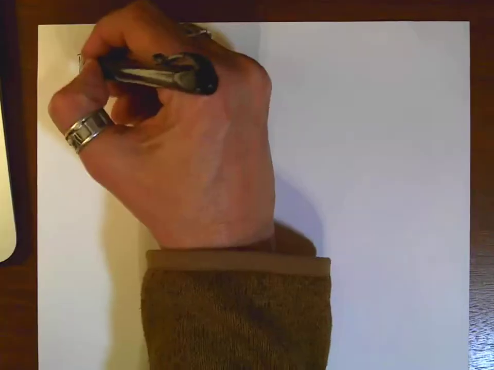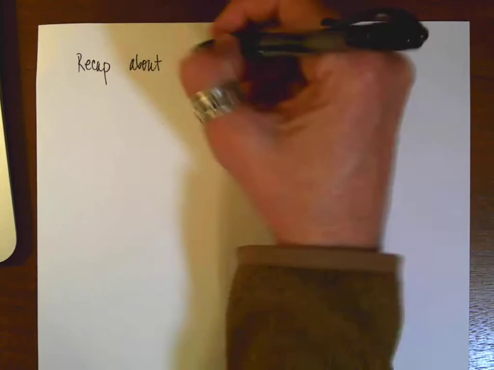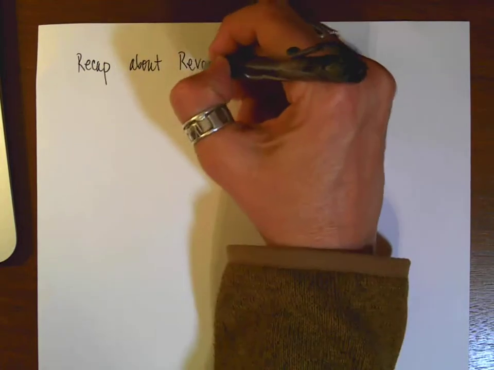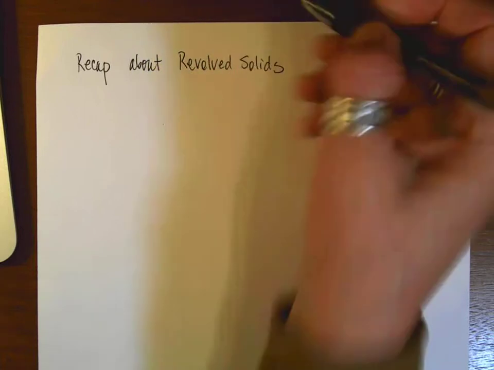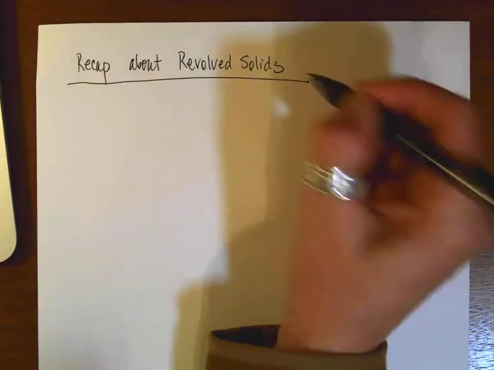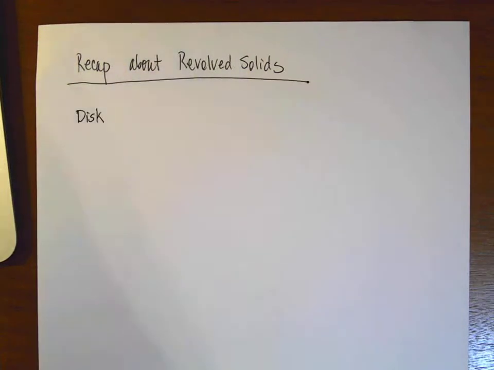All right, so the last thing that I want to do is kind of recap what we have done so far with our revolved solids. So this is going to be a recap about our revolved solids. And I'm going to talk about the 3 different methods.